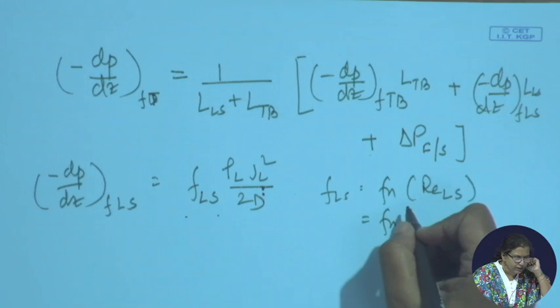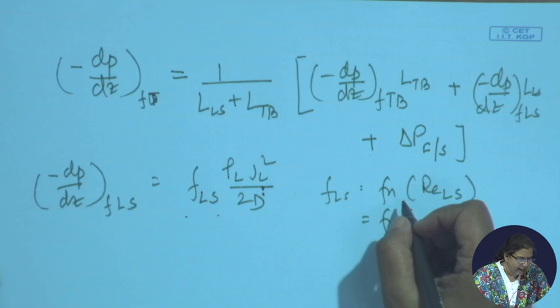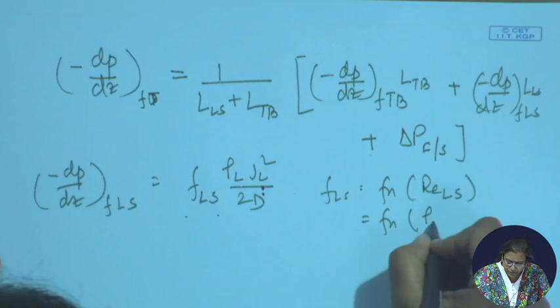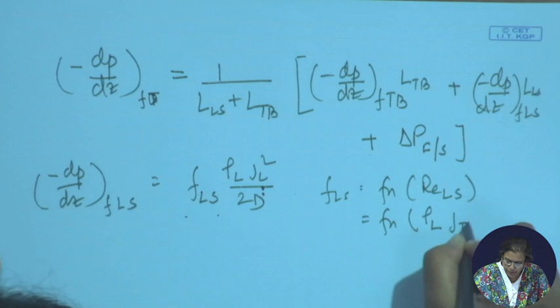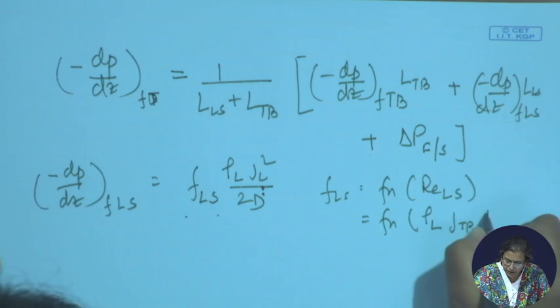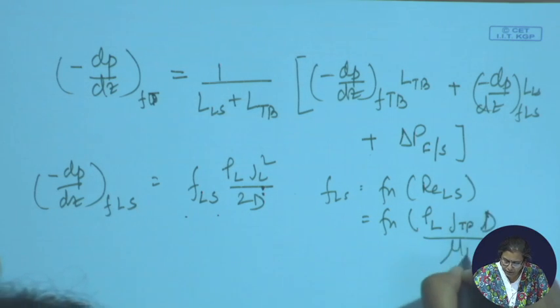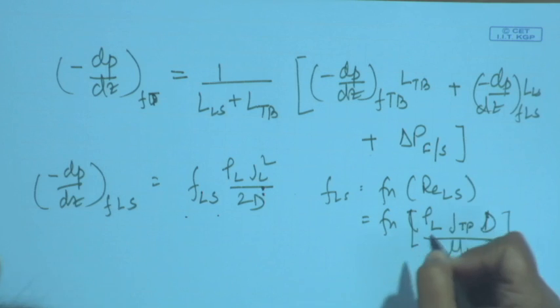Which can be defined as rho_L J_TP D by mu_L, isn't it?